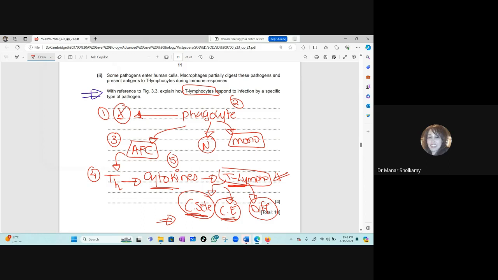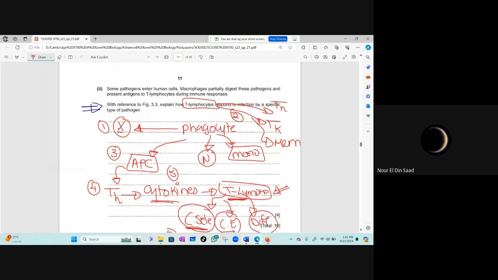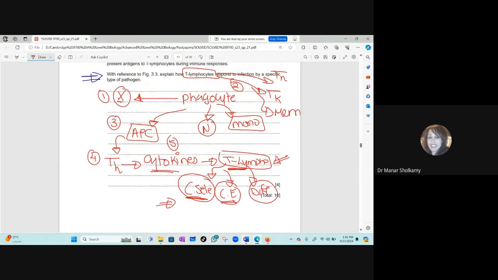When the T lymphocytes differentiate, what do they differentiate into? T helper and T killer. Very good. And some of them will remain in the blood and become what? Memory cells. Memory cells. Okay.